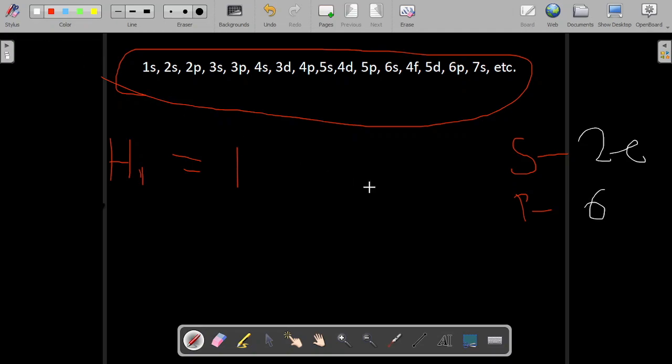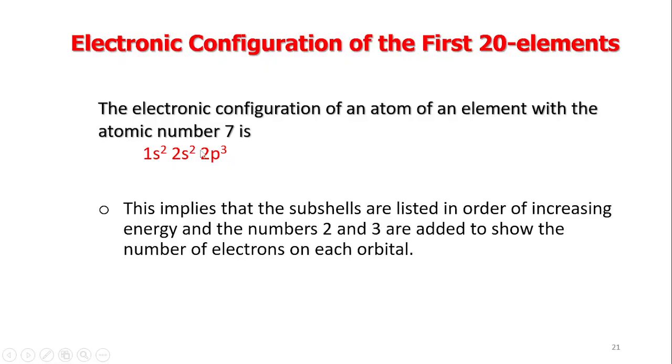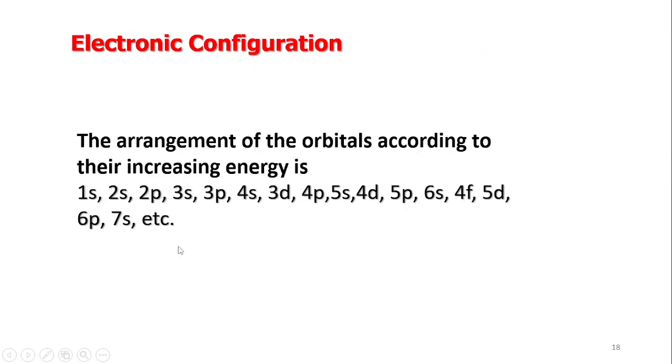So now for the hydrogen atom we say 1s1, because the values added together must give the atomic number of the element.